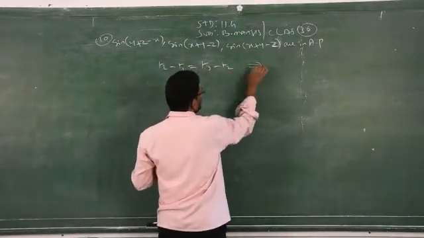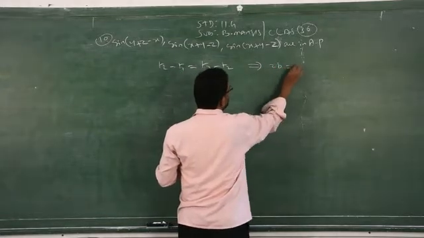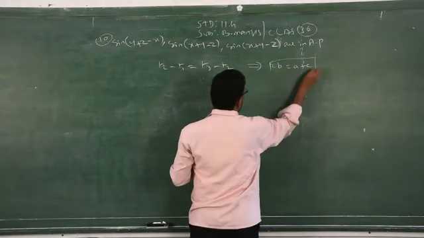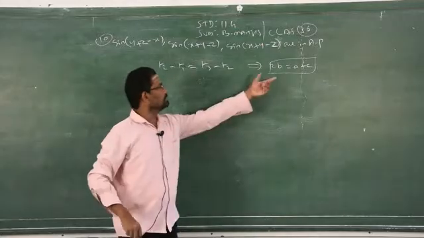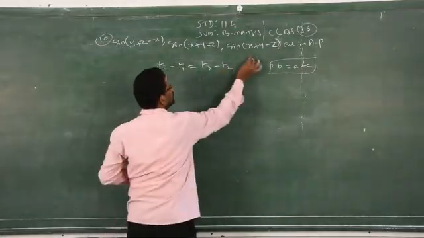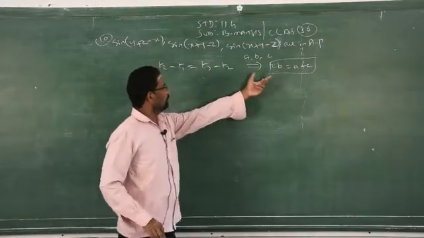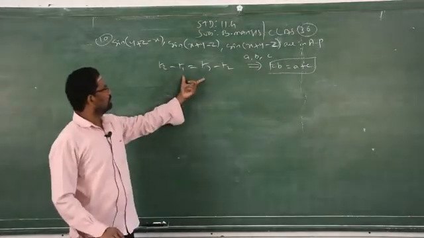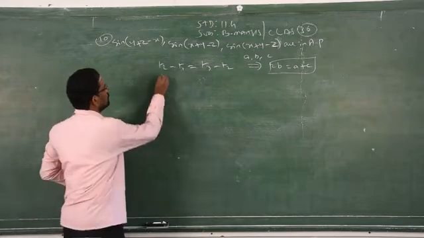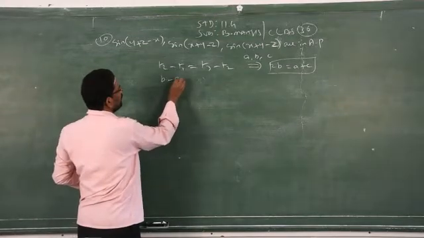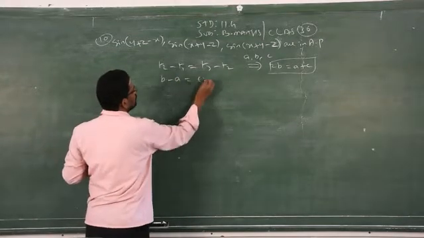So actually you studied in 10th standard like 2B is equal to A plus C. This is the formula. Clear? So how do you get this formula? When A, B, C are in AP, this is the formula. How do you get this formula? By using these conditions: T2 minus T1, that is B minus A, is equal to C minus B.